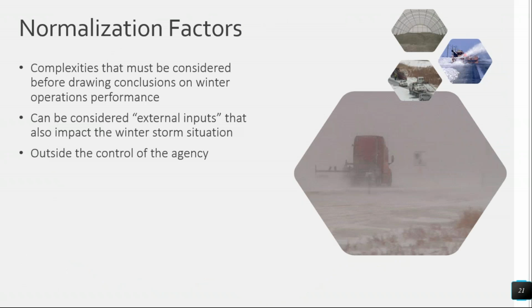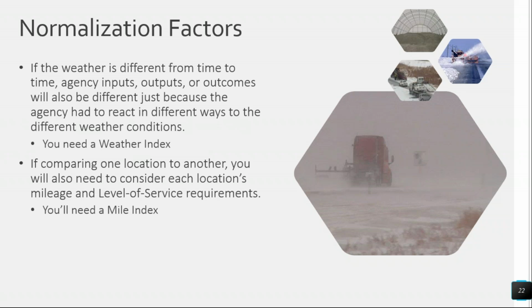So what are these things? These are basically the complexities. You've got to consider them, you've got to measure them. And by their definition, they're more or less outside of the control of the agency or your maintenance team. So weather is one of the big external inputs, so to speak. You can have a storm that hits one region, doesn't hit another region.